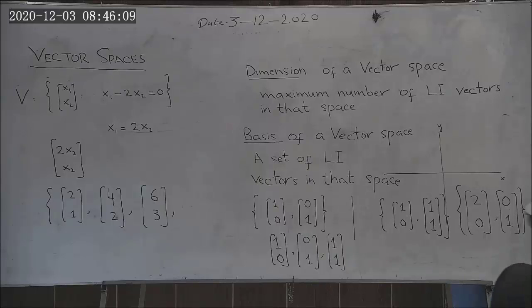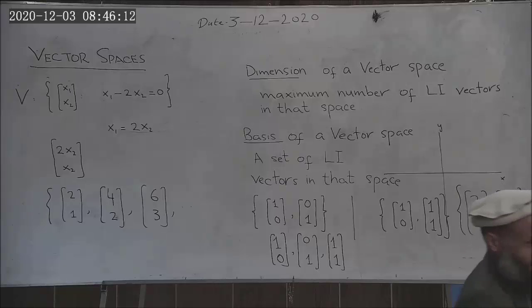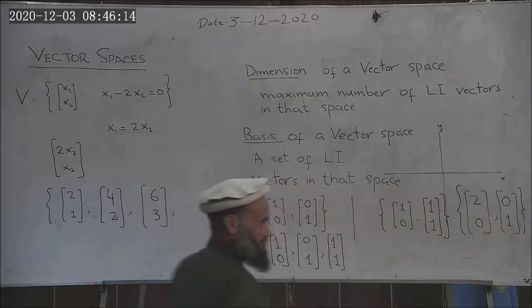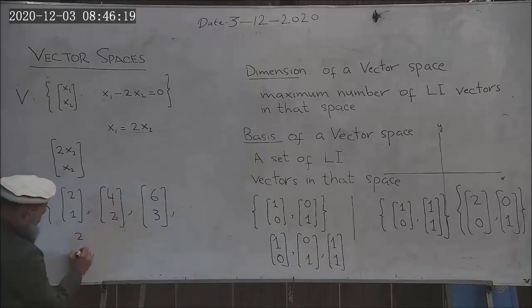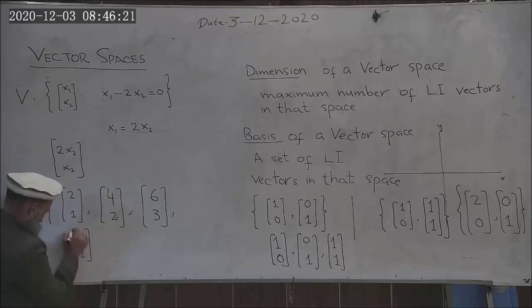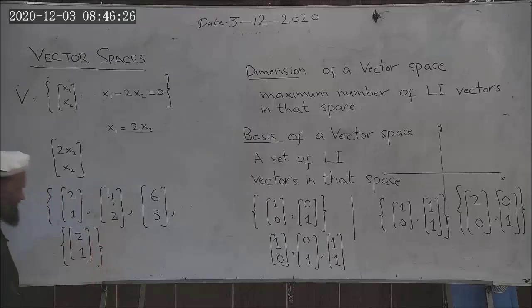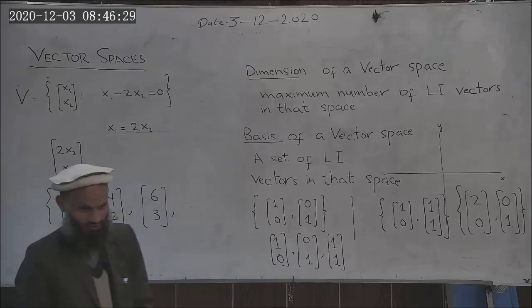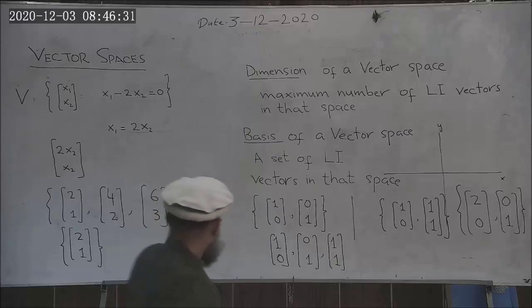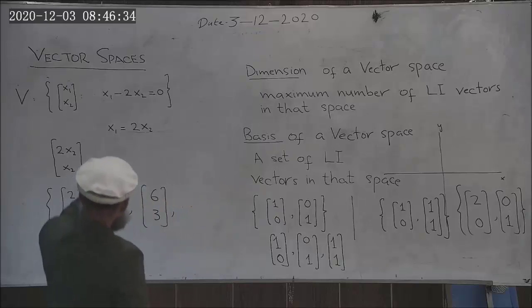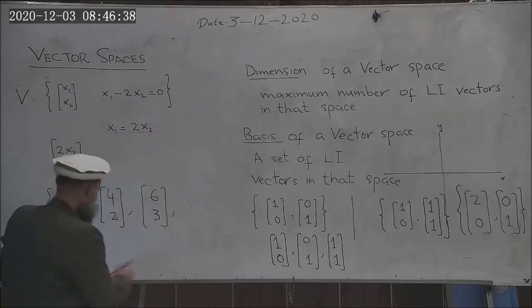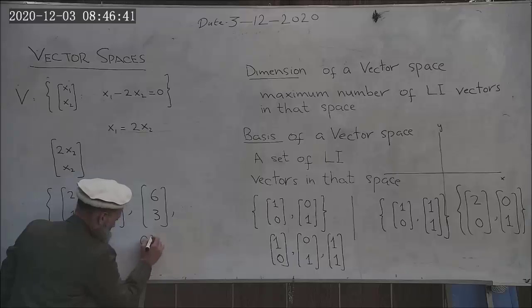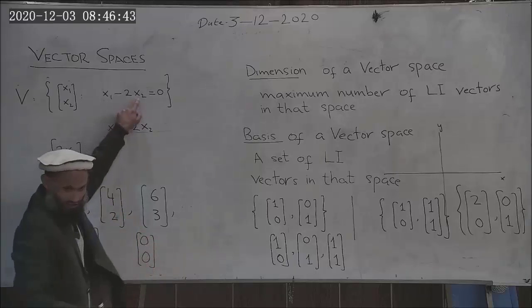And can you tell a basis for this vector space? Any of them, for example this one, is a basis for this vector space. (0, 1) does not satisfy this equation, and (0, 0) satisfies this condition.